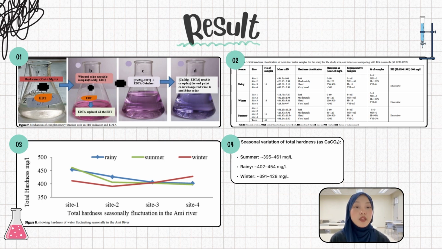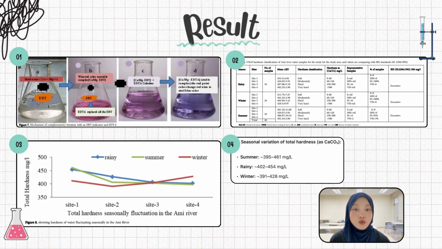Initially, calcium and magnesium ions in hard water form a wine red complex with EBT. When EDTA is added using a titration method, it proficiently binds with Ca2+ and Mg2+, releasing the indicator and causing a color change from wine red to steel blue, which indicates the endpoint.